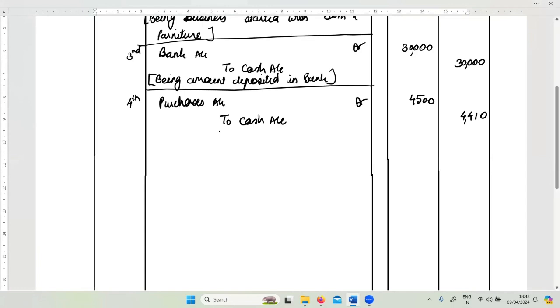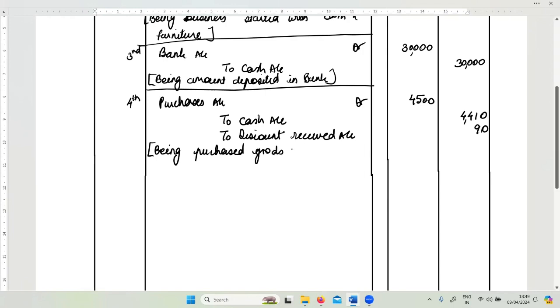And remainder amount is discount received. So discount received account. Amount of 90 rupees is the discount received, right? We'll write in brackets being purchased goods from Cuckoo and Company.